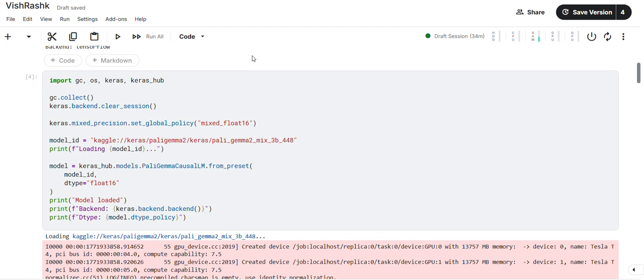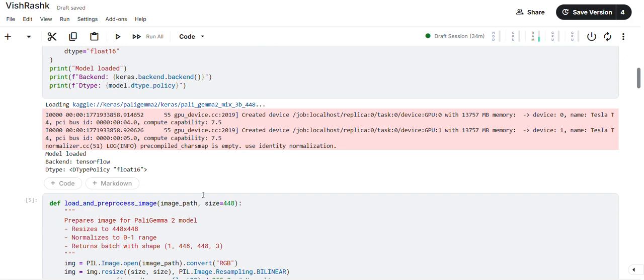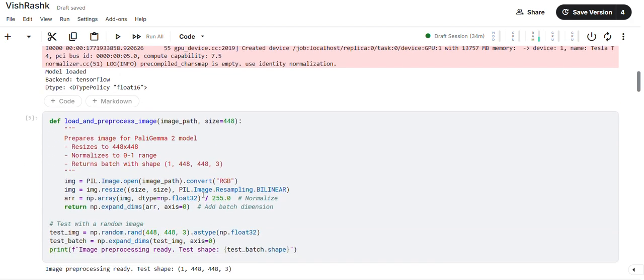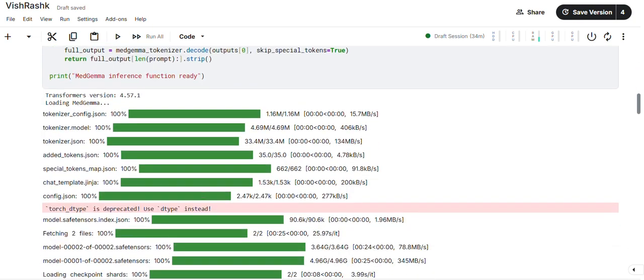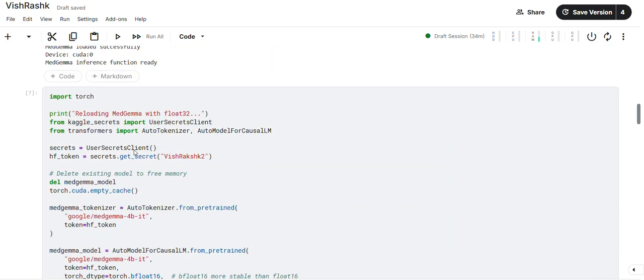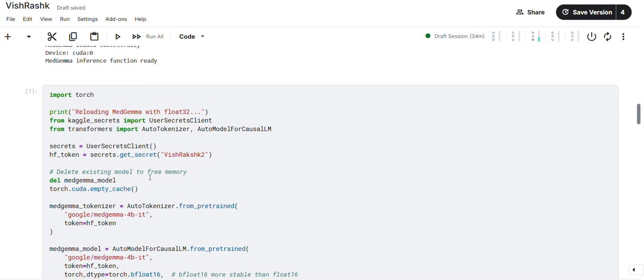To solve this, I have built a dual multimodal pipeline using Google PaliGemma 2 and MedGemma 4B.